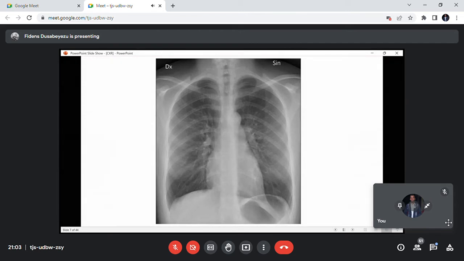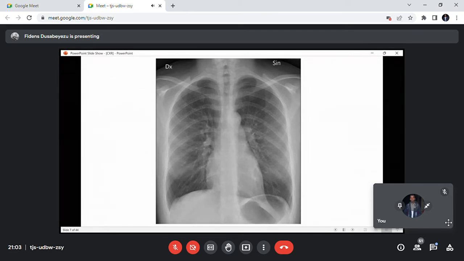You should react. Components of the mediastinum, anatomical structures. Tell me, very fast. There is the esophagus.